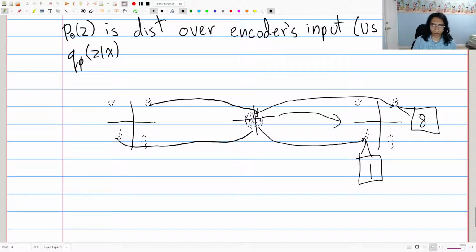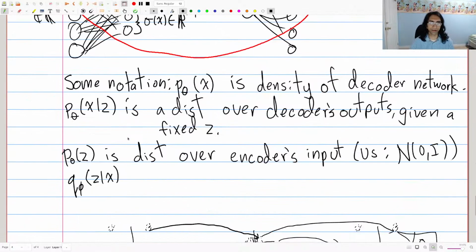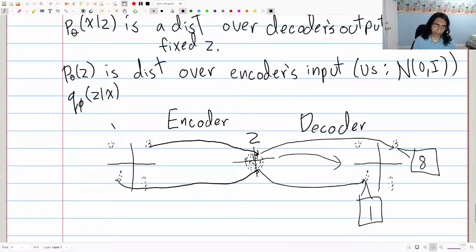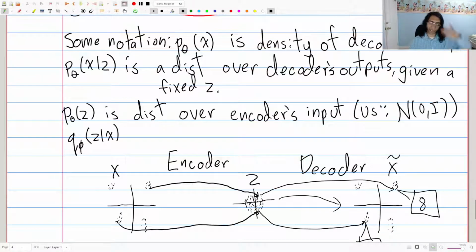Of course, it's all done with probability distribution examples. So corresponding to this right here, this is going to be the encoder operation, and this is going to be the decoder, and you can think of this as z, and this is x, and this is x tilde. Yeah, that's the picture that you can think is going on.